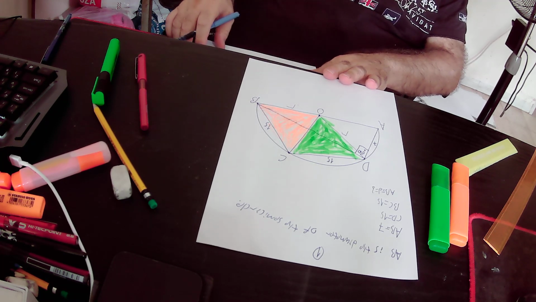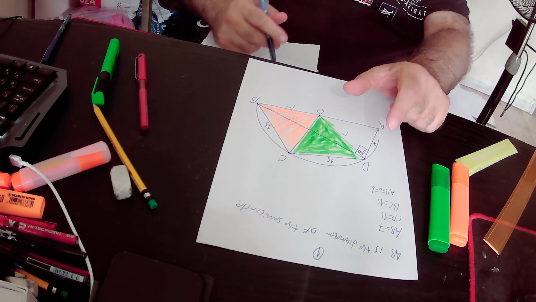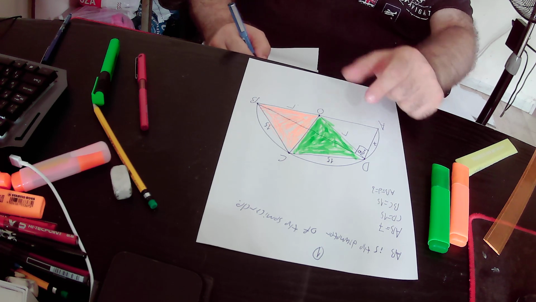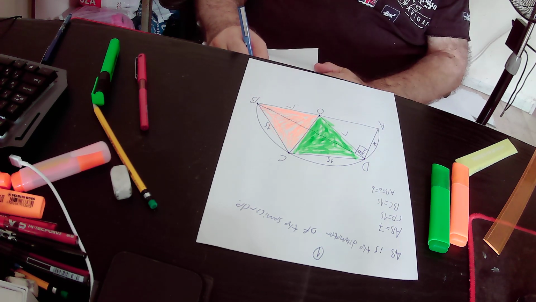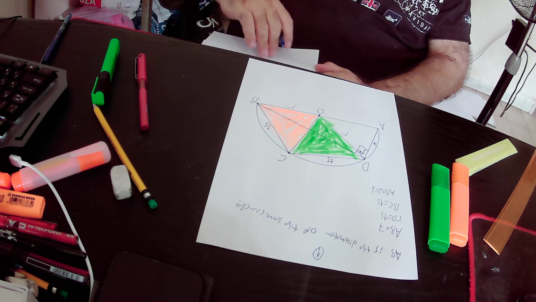So actually, side OD of the green triangle equals side OB of the orange triangle, and both those two sides are equal to the radius of this semicircle.